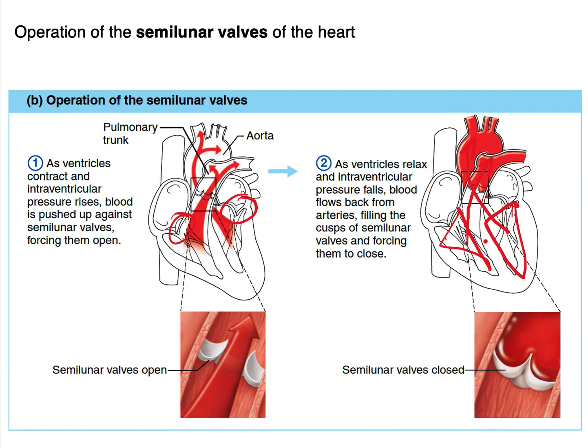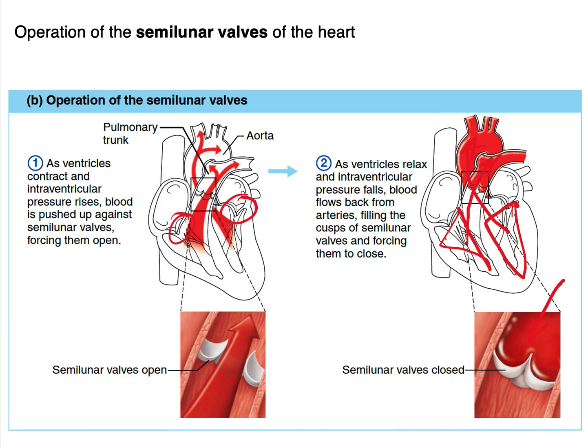So now the pressure that was higher in the ventricles will be shifted to be higher in the pulmonary trunk and in the aorta. Now the blood will try to return back to the ventricle.